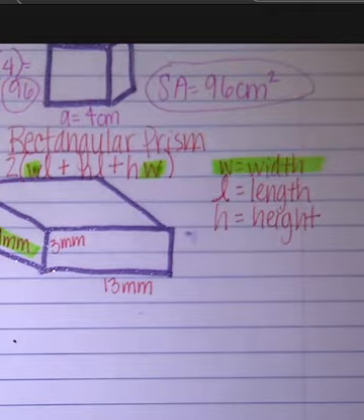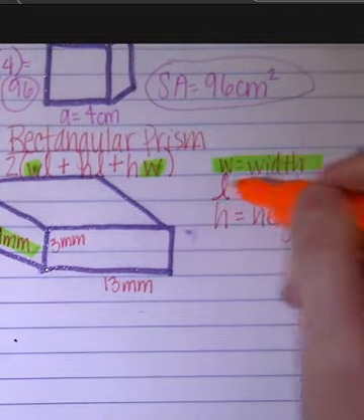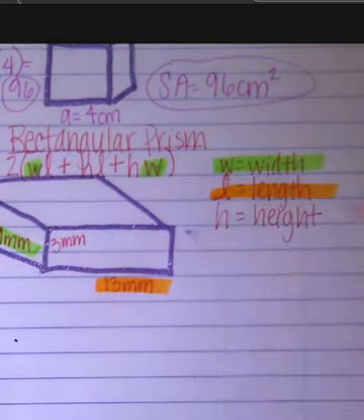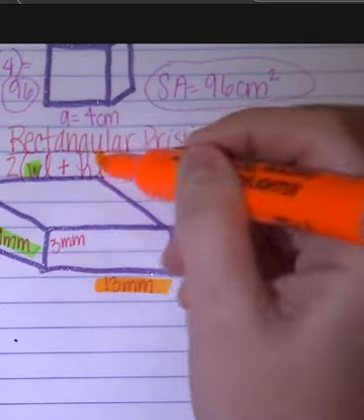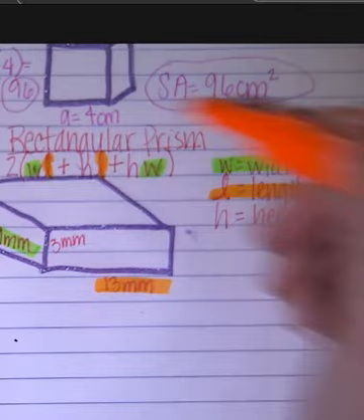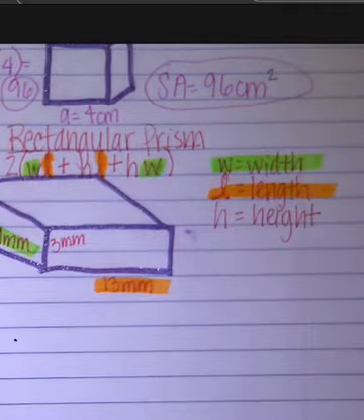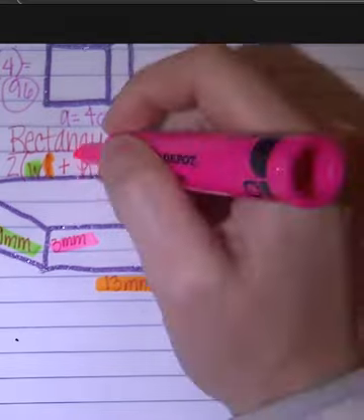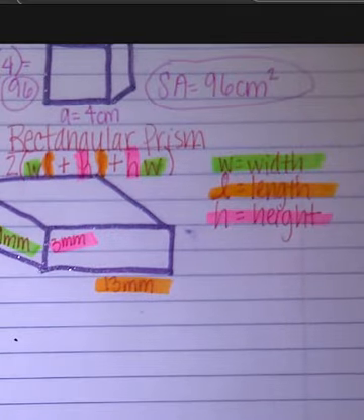Your length is going to be how long it is from side to side in the front. So that's your length. Okay, and your height is how tall the prism, the box, is.